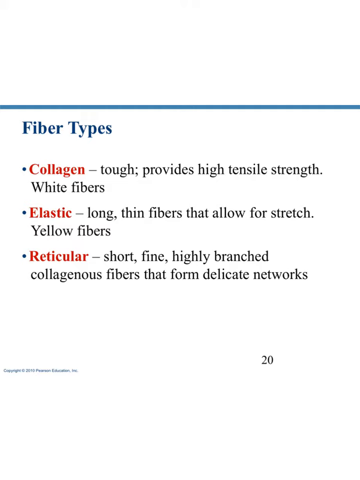And then reticular fibers are a specific type of collagen fibers that are highly branching. They basically form these little branching meshworks that typically will form a type of matrix. And really, one of the more common places we find reticular fibers is in reticular tissue, which is going to be found in lymphatic organs and tissues.